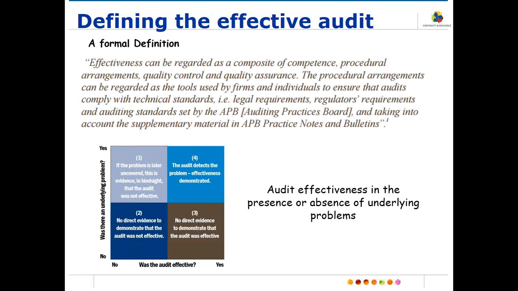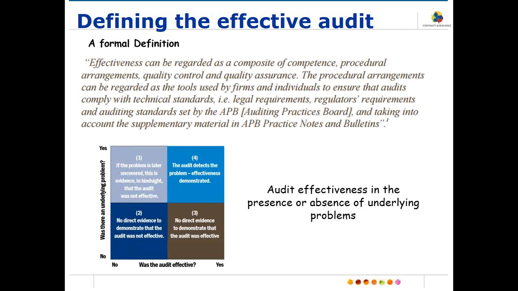Now, one situation is I did the audit, later on some problem arose, which I think could have been handled better if it would have been identified in the audit. That is one situation. Second situation is audit happened, there is no problem happening, so I do not know if the audit was effective or not. Third situation can be no direct evidence to demonstrate that the audit was effective.